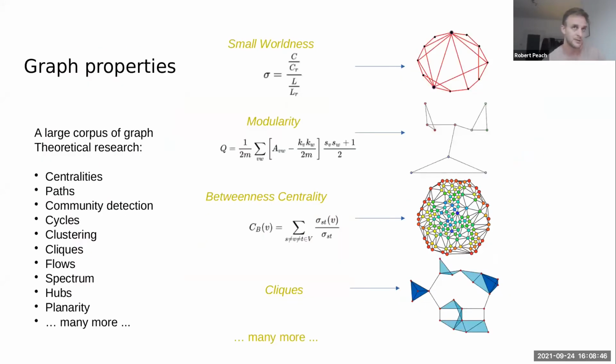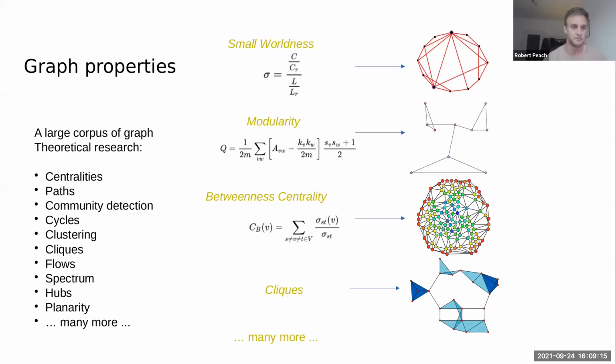Given that there are so many different systems which you can model with networks, there's been, over the past few decades, a lot of research into trying to probe these systems, trying to extract information about the system which you're modeling using graph theoretical algorithms. So it might be trying to identify the influence of nodes, so you can use things like centrality measures.